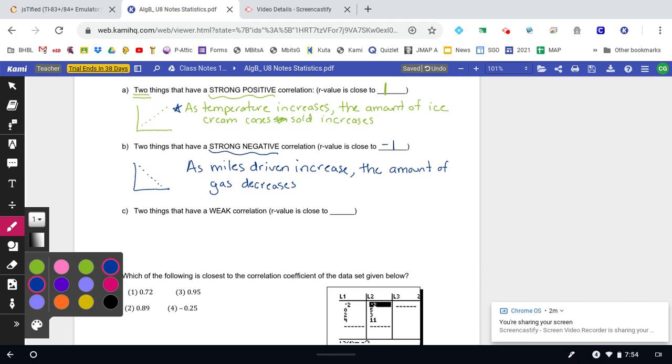All right, something that has a weak correlation. So something that has an R value of 0.